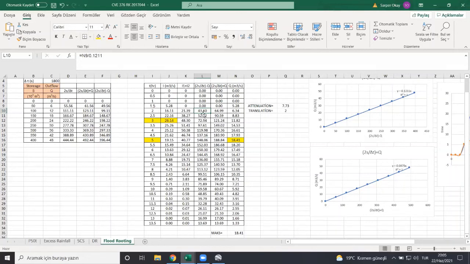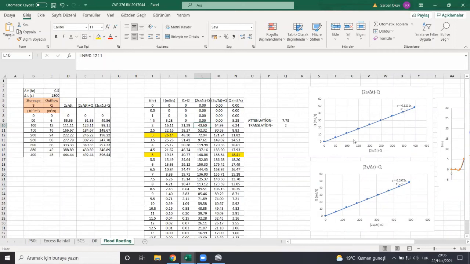You are going to take this one row above, this 5.28, and divide it by the slope of this graph, because we are looking for this number. So you need to go to the graph which we used for this parameter. When you divide it by the slope, you'll get this one, 43.60.